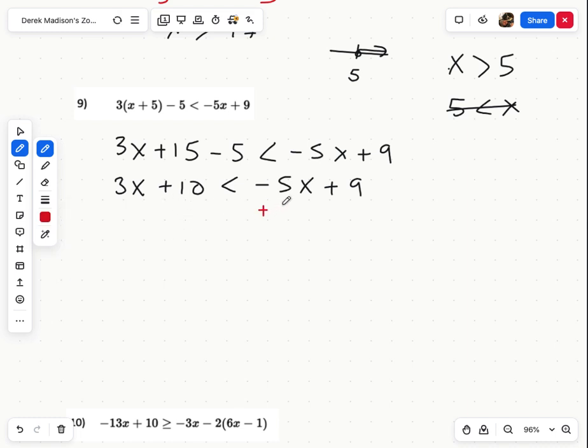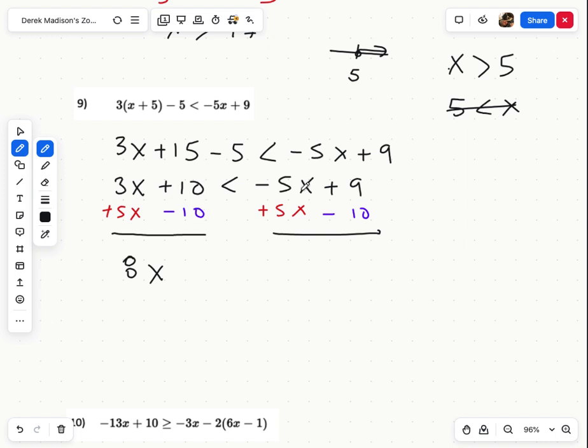So let's bring the 5x over, and let's bring this 10 over here. So I'm getting my x's on the left-hand side of the inequality and my constants on the right-hand side. And if you're more comfortable doing that in 2 steps, by all means use 2 steps, but there it is in 1 step. So 3 and 5 would give us 8 x's.